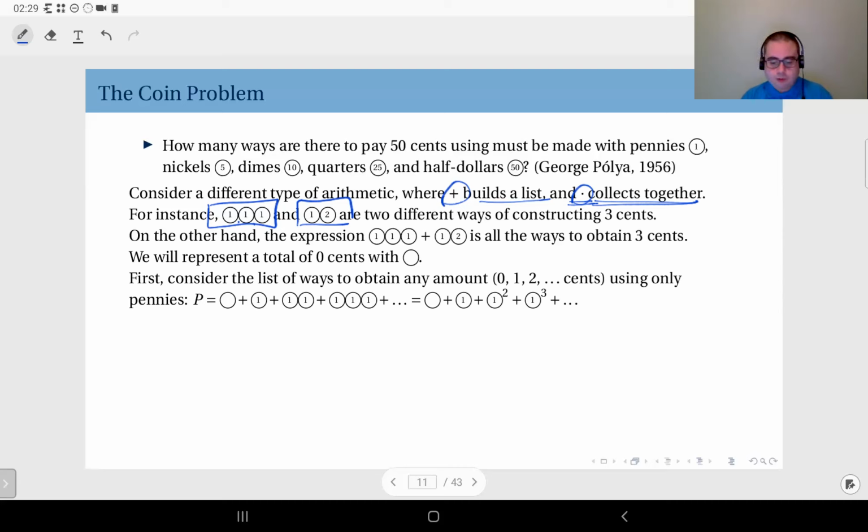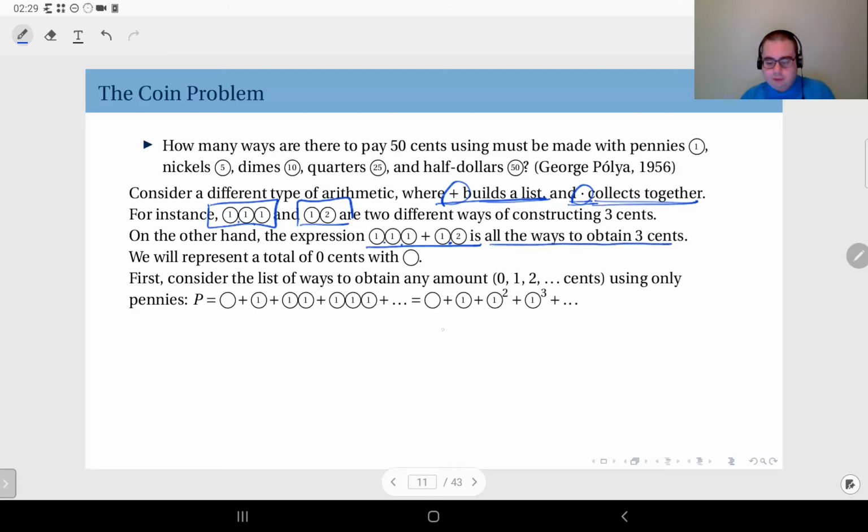So what we mean by this expression is, okay, you see I have multiplication in between these coins, but at the very middle I have addition. If you remember, addition builds a list. So what is this? This expression is all the ways to obtain 3 cents.